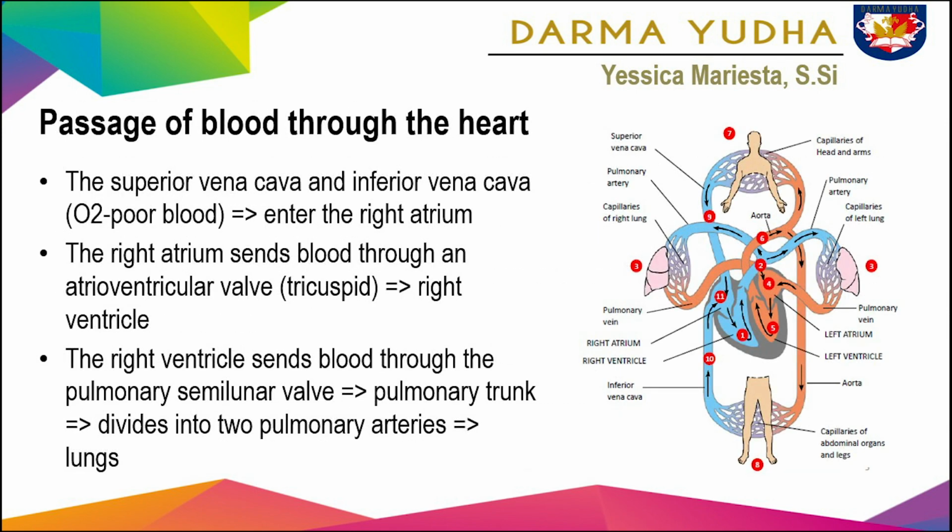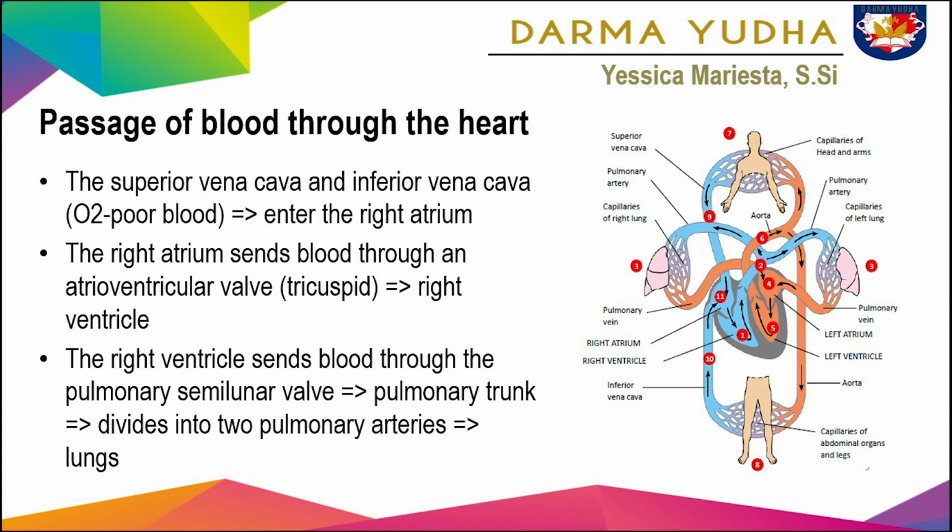The passage of the blood through the heart. So how the blood circulates through the heart. Firstly, the blood that contains less oxygen from the superior vena cava and inferior vena cava will enter the right atrium.